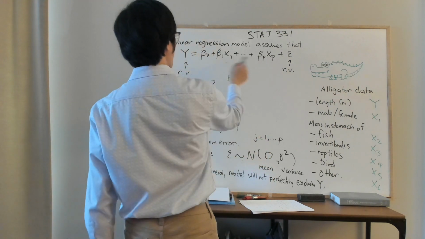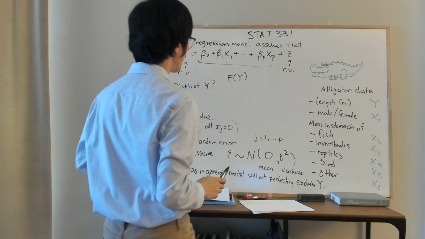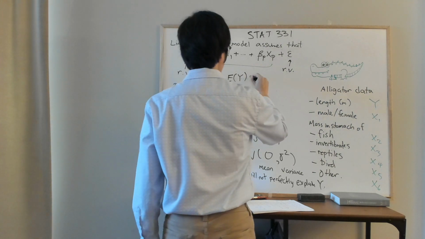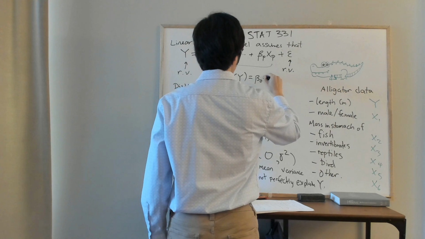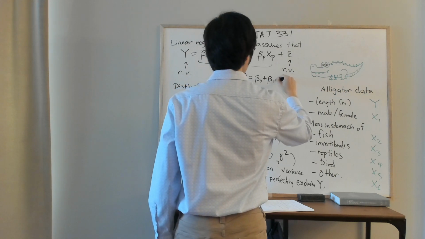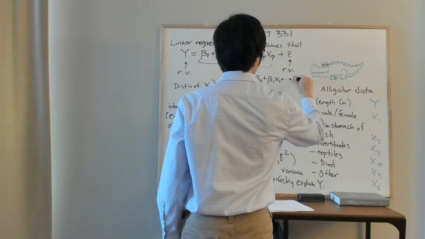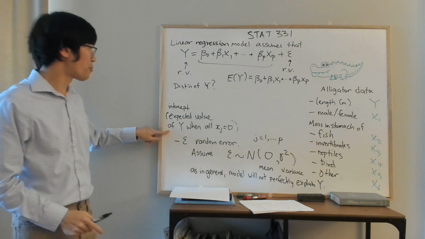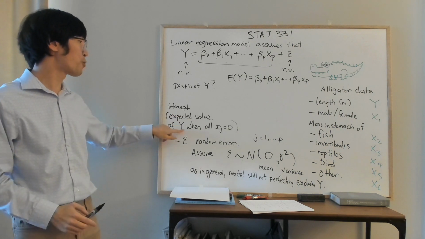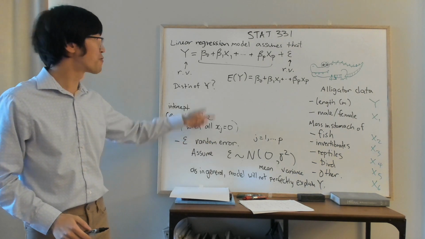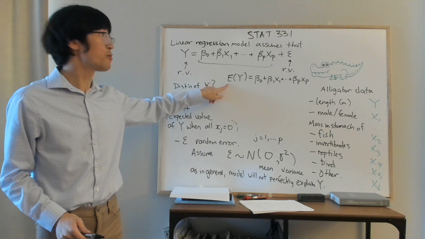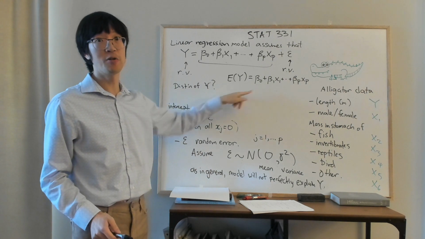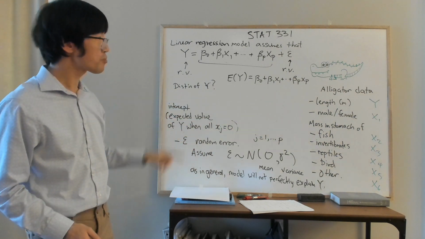That means the expectation of y is simply this linear combination part, which involves the x's and the betas. Now, you remember I wrote here the expected value of y when all the x's are 0. So you can see that's explained here: when all the x's are 0, the expected value of y is beta 0, which is the intercept.